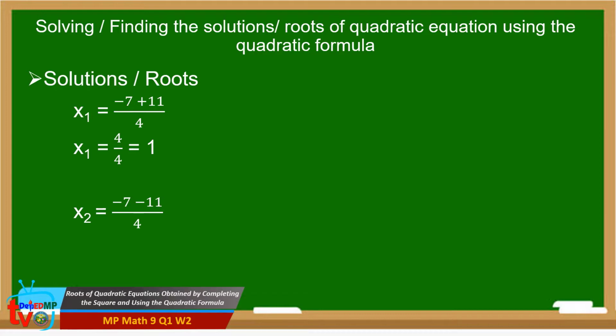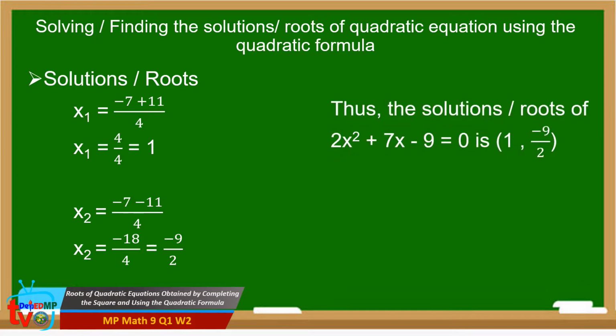Combine negative 7 and negative 11, which is negative 18. Simplify both numerator and denominator by reducing negative 18 over 4 to negative 9 over 2. Therefore, the roots of the quadratic equation 2x squared plus 7x minus 9 equal to 0 are 1 and negative 9 all over 2.